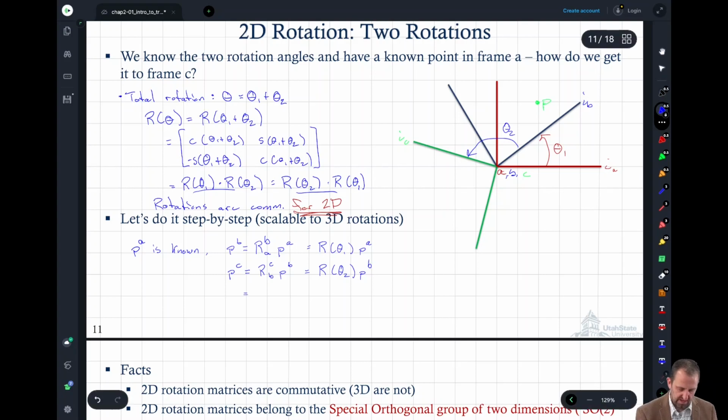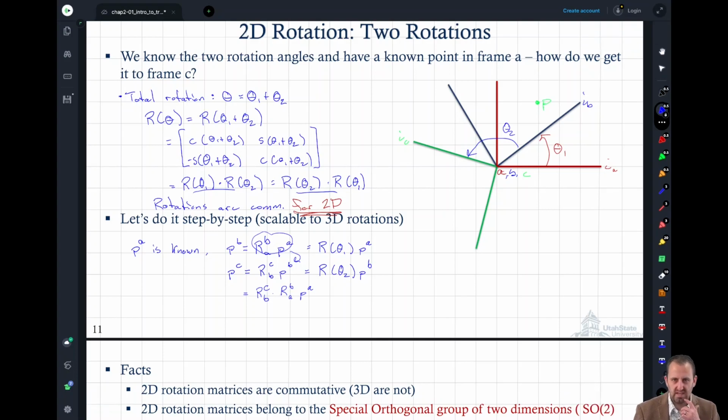Now if we plug in our value for P_B, and I'm actually going to use this value for P_B to make it more general, we then go from BC, and then we do AB, P_A. So we can now chain together these rotation matrices in a very methodical way.